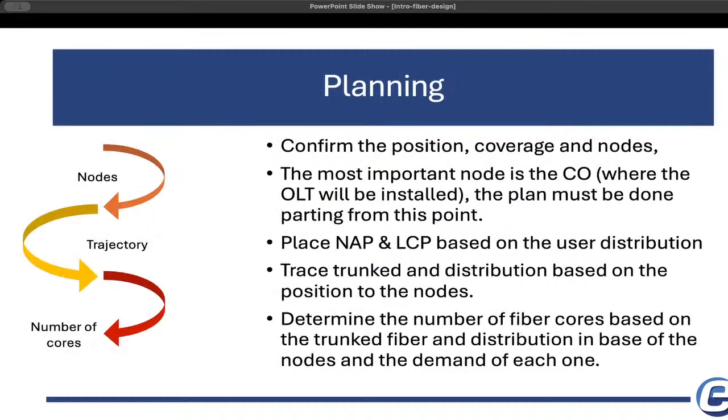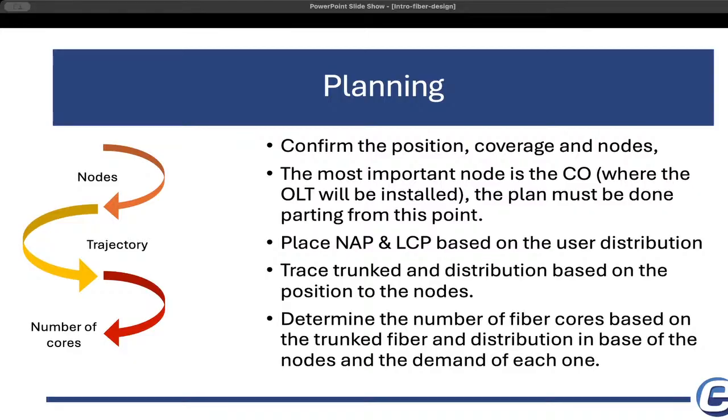So when we're in the planning phase, we need to confirm the position so we know how we're going to do the coverage and the nodes. We're dependent on this information to do the most efficient routes from where you're going to place the OLT.